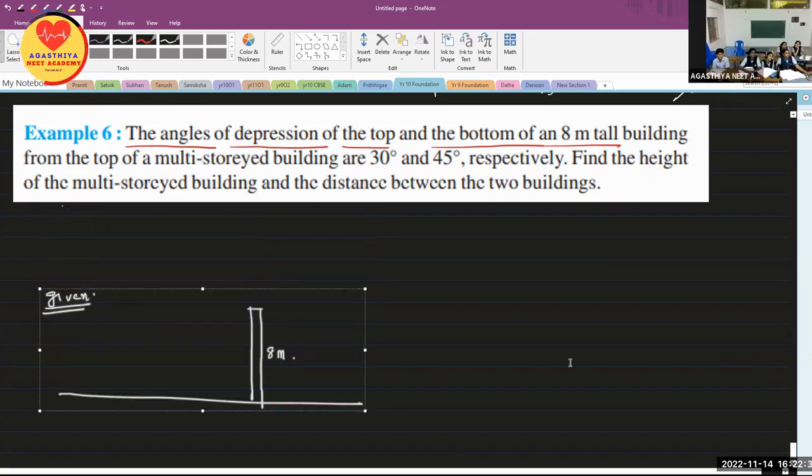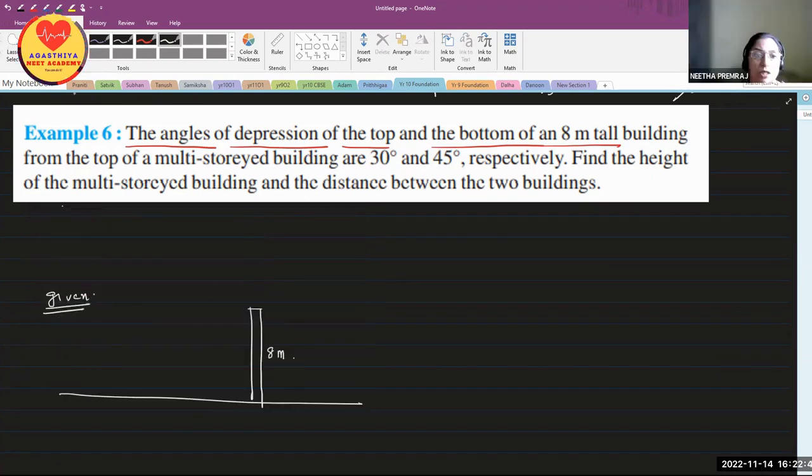From the top of a multi-storied building, both are angles of depression.